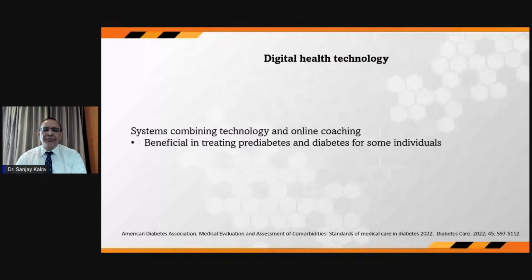There are many good organizations which are doing this at a relatively economical rate. One good example would be Fitterfly from Mumbai. This online coaching and technology put together is actually helpful in managing pre-diabetes and diabetes and obesity as well. And when you use digital health technology, when you use digital support, you're actually supporting your patient to use the right insulin in the right manner, with the right technique, to achieve the right outcomes.